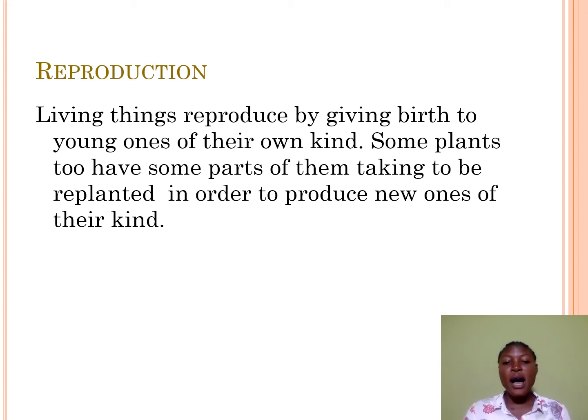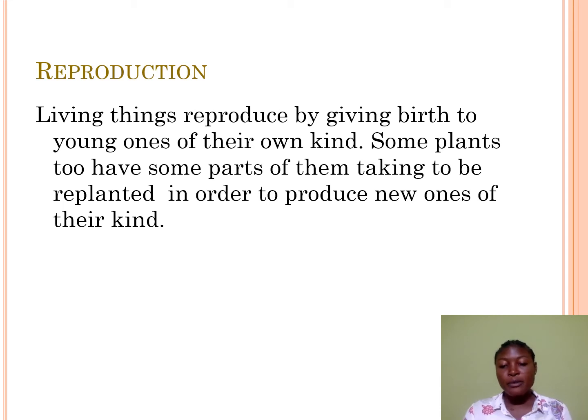Some plants do have some parts of them taken to be replanted in order to produce new ones of their kind. So in reproduction in plants, they use different parts of the plant. Some plants have their seeds used for their reproduction.